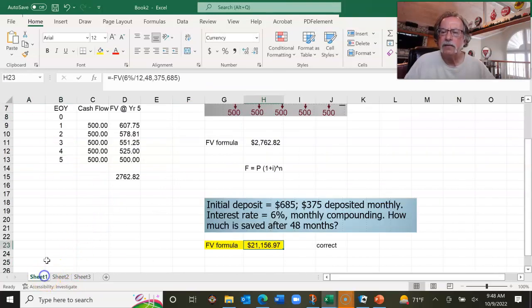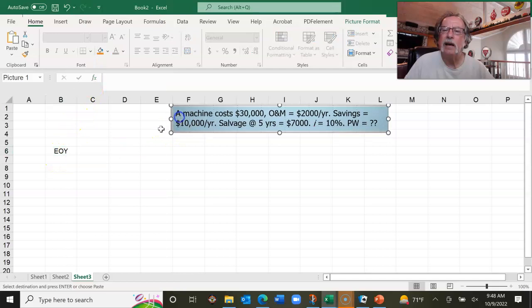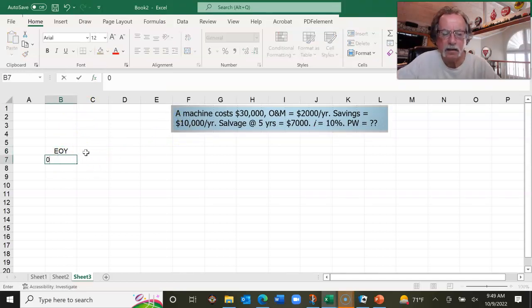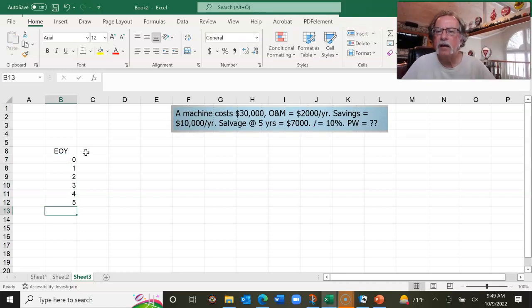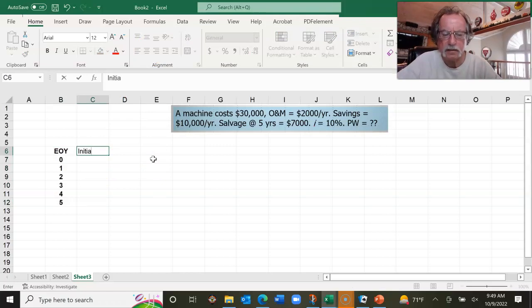Okay, so let's look at the initial cost.